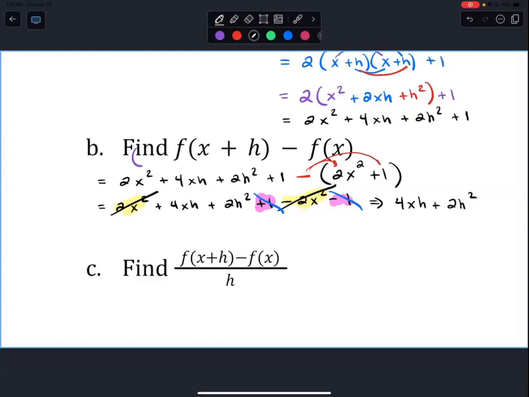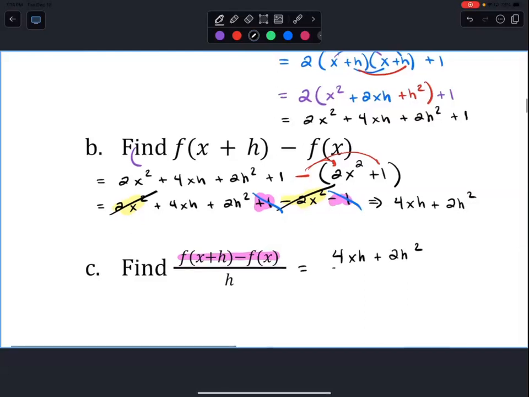Right? That's everything I'm getting from doing f of x plus h minus f of x. That's my numerator. So 4xh plus 2h squared. And once I've simplified that, I'm going to take whatever's left, and I'm going to divide it by h. And as long as all the terms have an h, so if you notice, I have an h here in the first term, I have 2 h's in the last term, and I have h in my denominator.